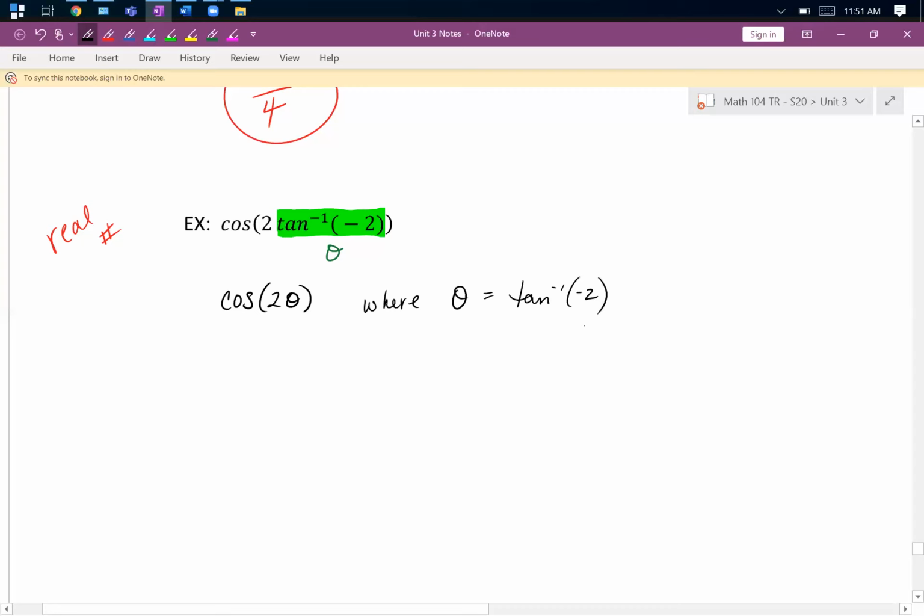That means that we're going to have to use a double angle formula. I would choose to use the cosine double angle formula that just had cosine in it. So cosine of 2 theta is equal to 2 cosine squared theta minus 1.